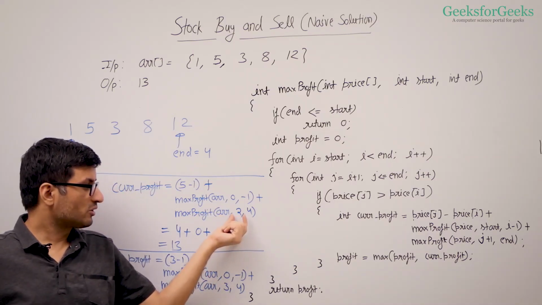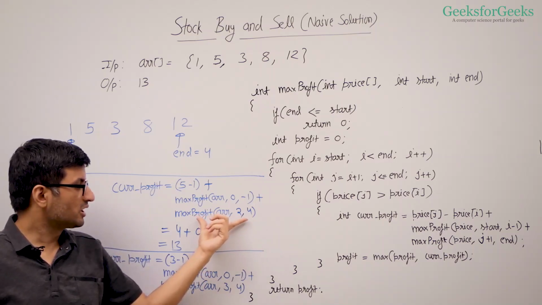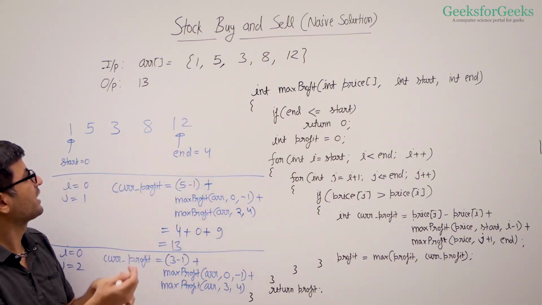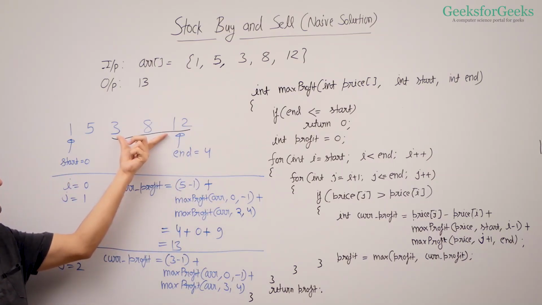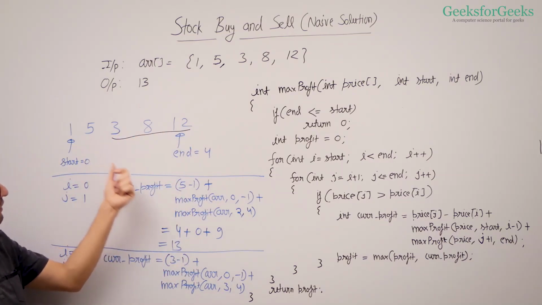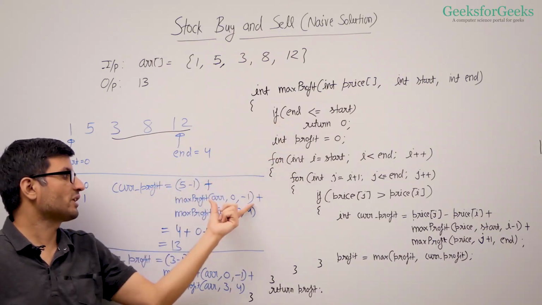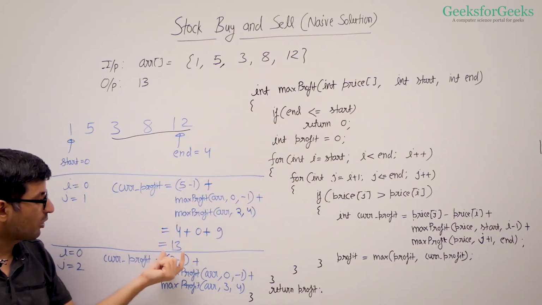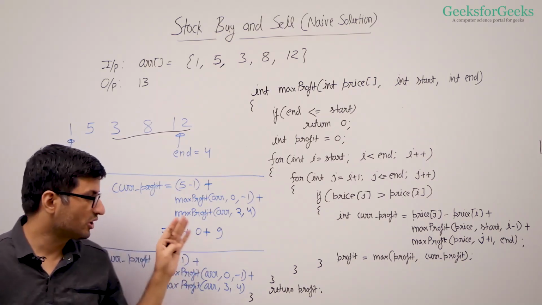So j is 1, so right of j starts at 2, and the end is 4. This is going to give us the maximum profit that you can get in this particular range, and maximum profit here is 9. And maximum profit on the left of i is 0 because the base condition is satisfied in this recursive call. So the profit that you get for the first value of i and j is 13.